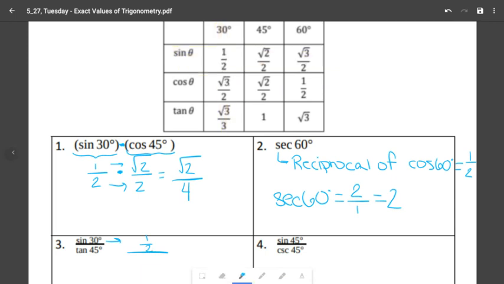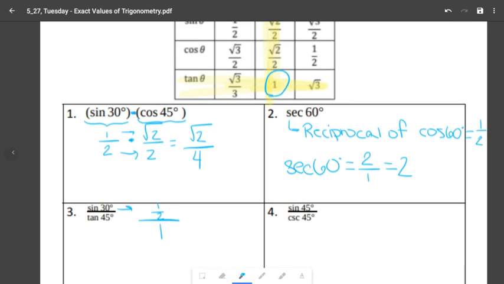Then we're going to do the bottom, tangent of 45 is 1. And anything divided by 1 is itself. So 1/2 divided by 1 is 1/2.